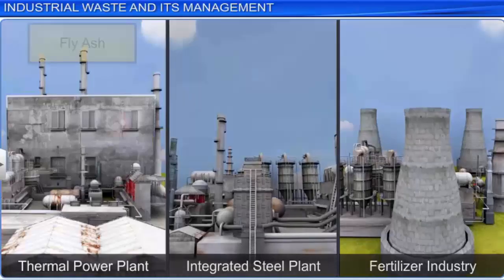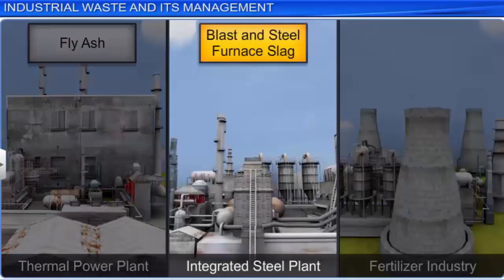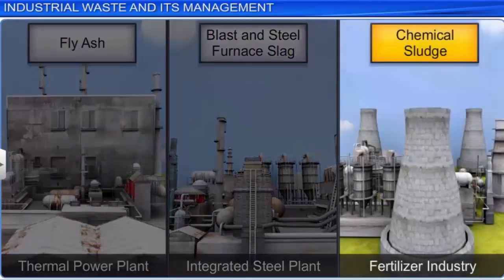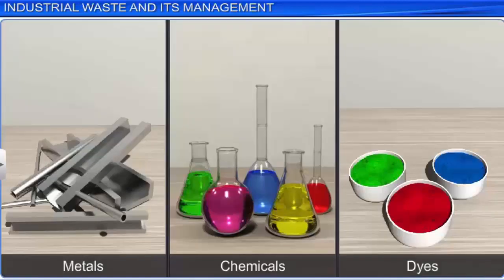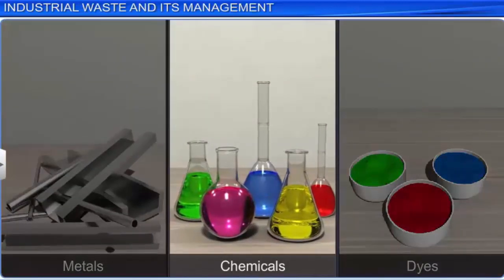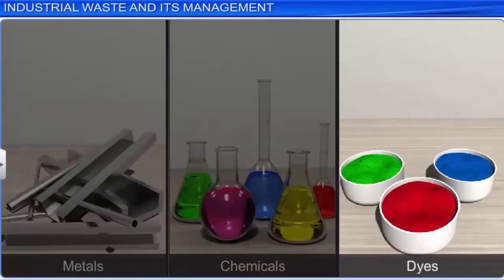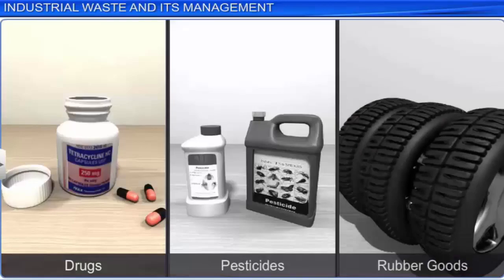It includes fly ash, blast furnace slag, steel melting slag, and chemical sludge. Industries dealing with metals, chemicals, dyes, drugs, pesticides, rubber goods, etc.